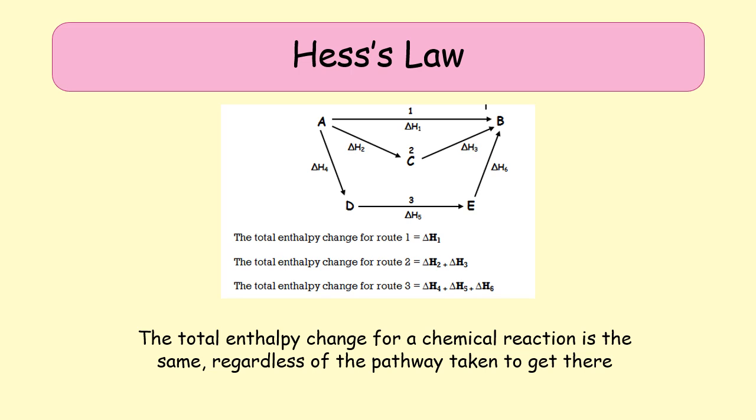So the energy going from A to B, whether you take route 1 or route 2 or route 3, because you're starting in the same place and ending at the same place, the total energy is exactly the same.